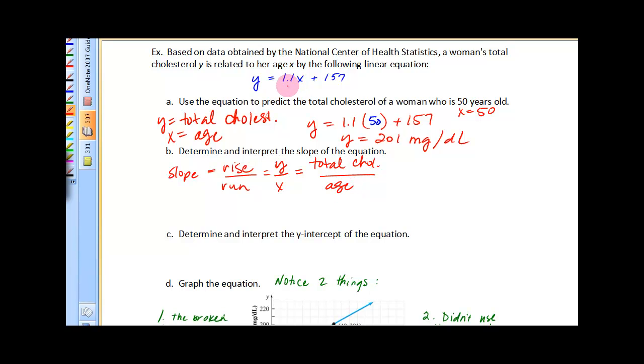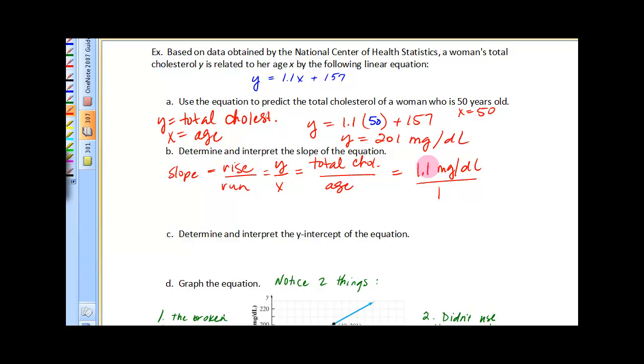We're given in the original equation that the slope is 1.1, and we're going to call it milligrams per deciliter, over an understood one, because there's not any number down here.